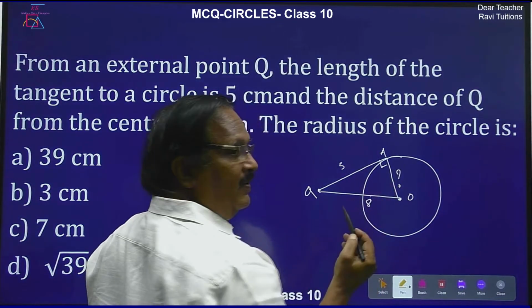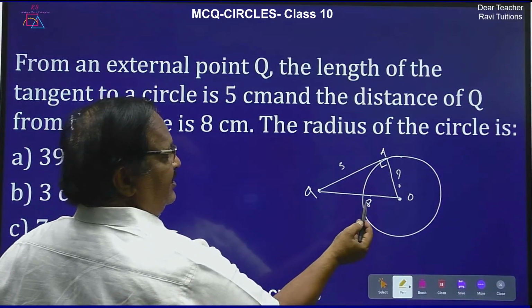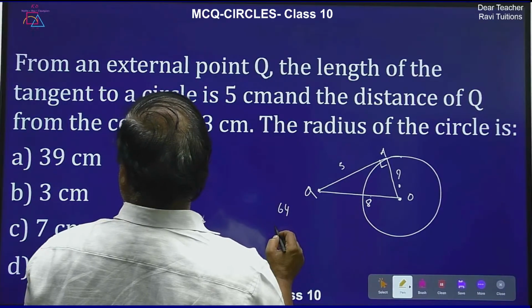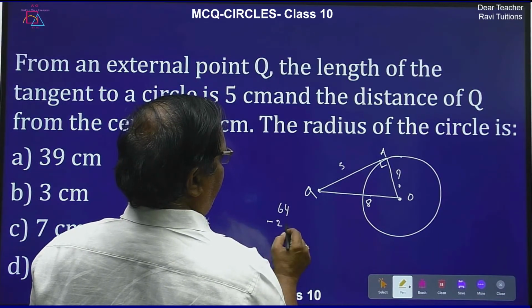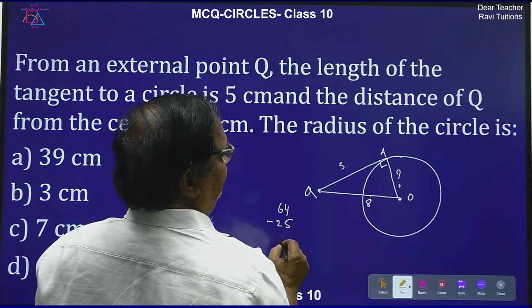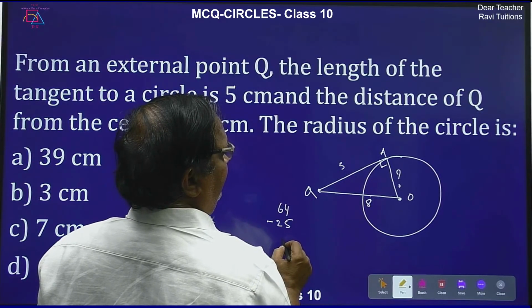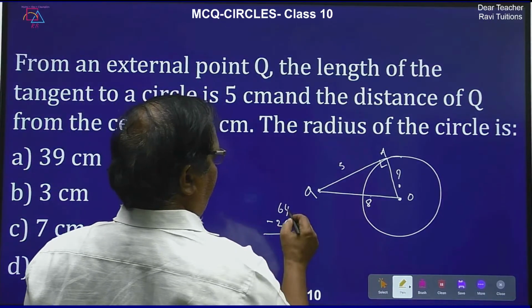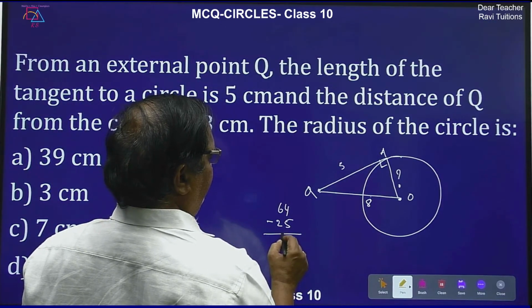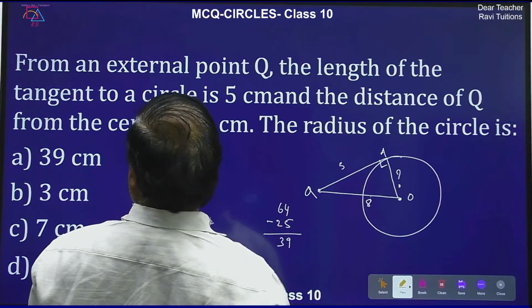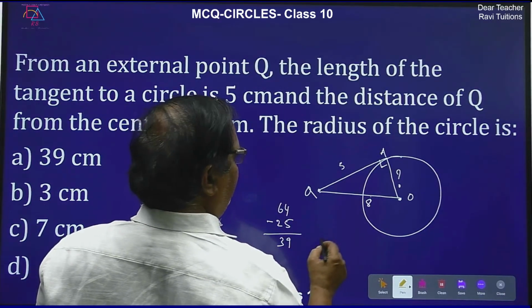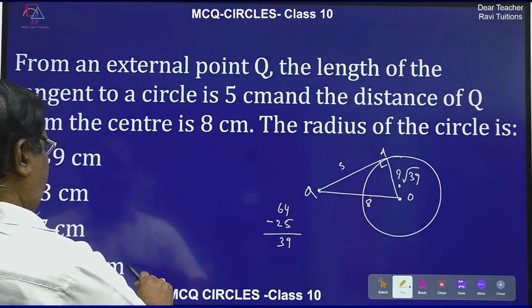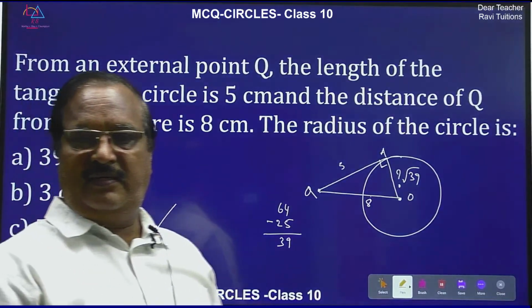So 64 minus 25, which is 39. So now under root, the radius is square root of 39. So the square root of 39 is the answer.